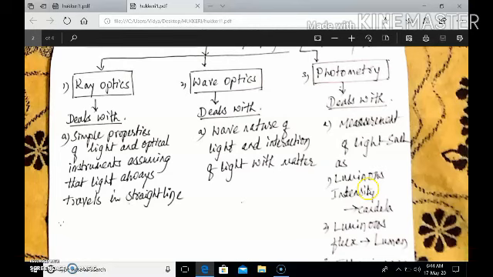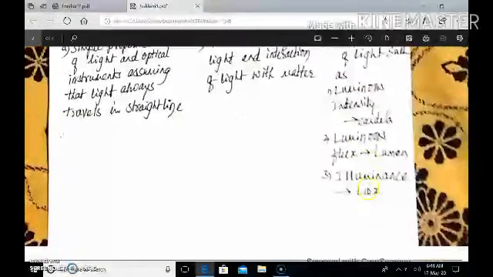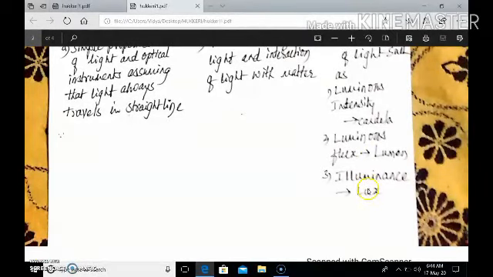The third one is photometry, which deals with the measurement of light, such as luminous intensity measured in candela, luminous flux measured in the unit lumen, and illuminance, which is measured in the unit called lux.